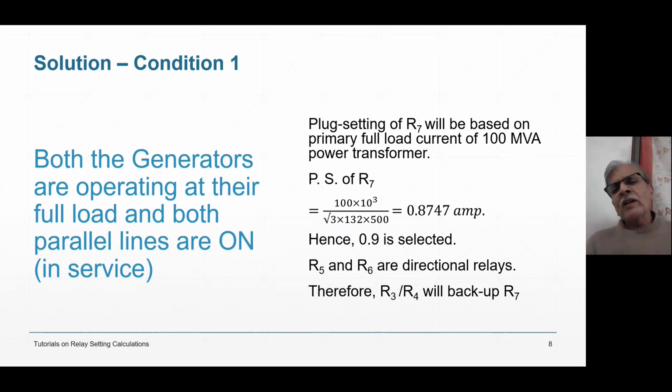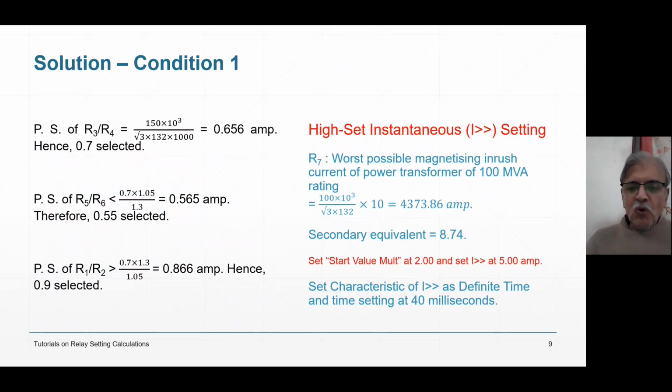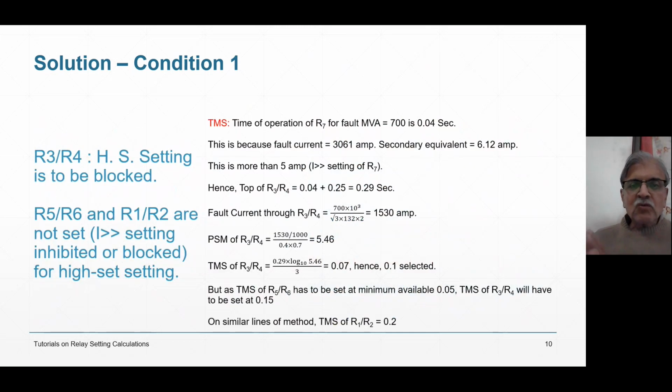Here you can block for 1 second and then remove blocking. You can block for 2 seconds. You can block for 10 milliseconds and then remove blocking. That was not available in the electromechanical world, right? So, looking at that high set setting, I am blocking.